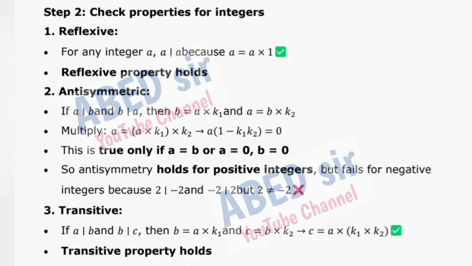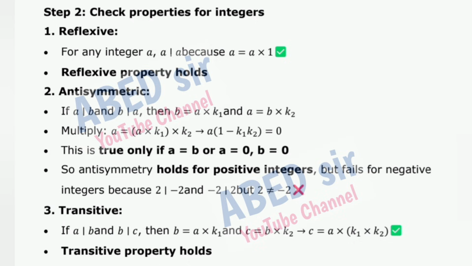Multiply: a is equal to a times k1 times k2, so a(1 minus k1 k2) is equal to 0. This is true only if a is equal to b or a is equal to 0, b is equal to 0. So antisymmetry holds for positive integers, but fails for negative integers because 2 divides -2 and -2 divides 2 but 2 is not equal to -2.